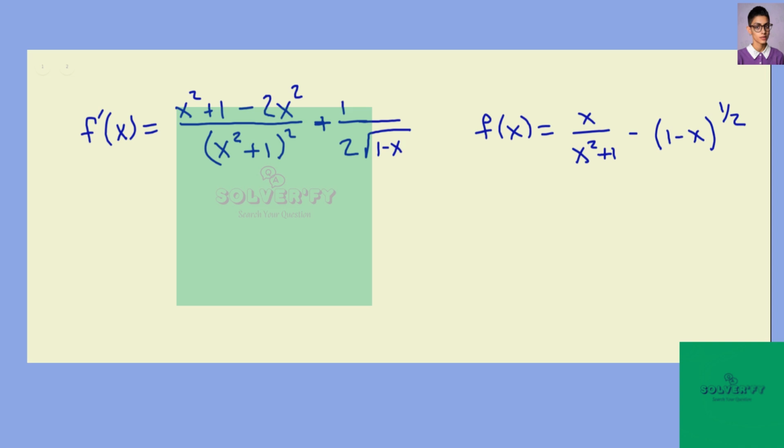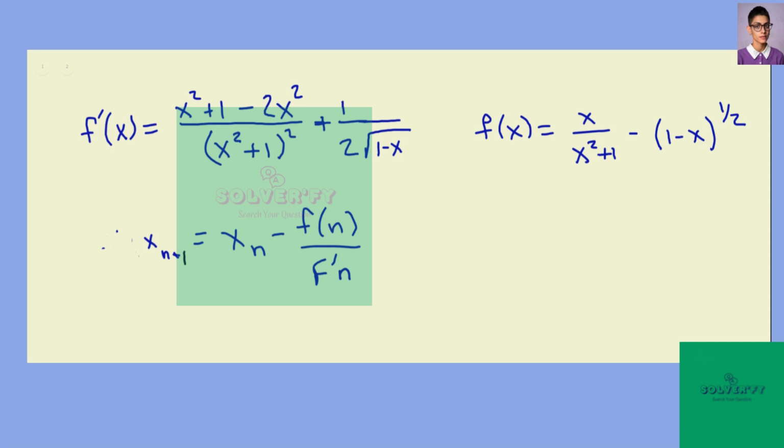All right. So now Newton's method says that I need to do x sub n plus 1 equals x sub n minus f of x sub n over f prime of x sub n.